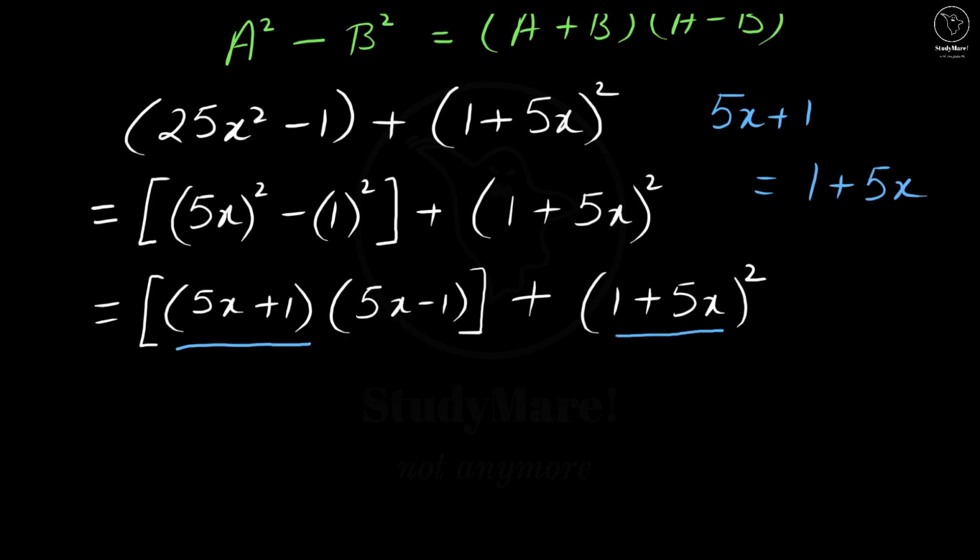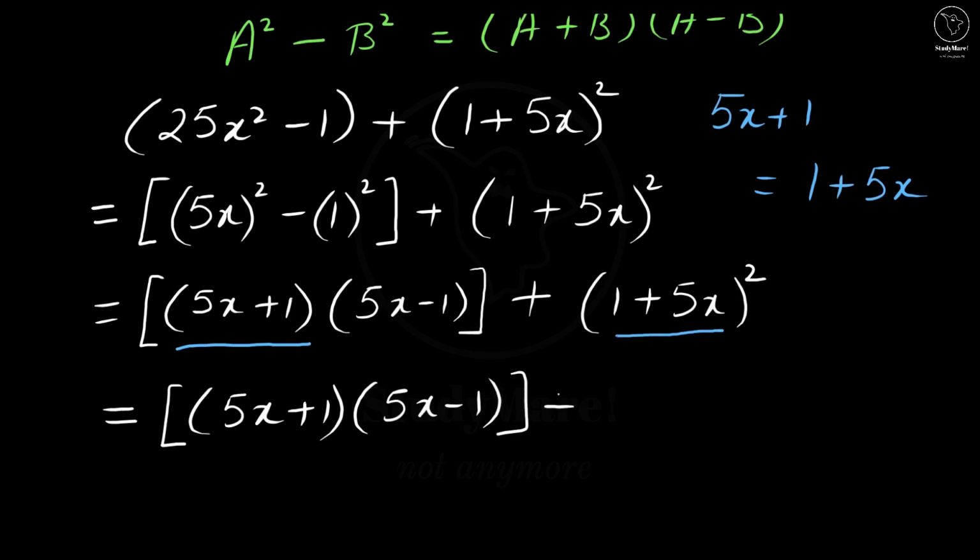It is just a way of writing. So let's move forward. Here just write it as it is, 5x plus 1, here we have 5x minus 1, and here we can write 5x plus 1 instead of 1 plus 5x.